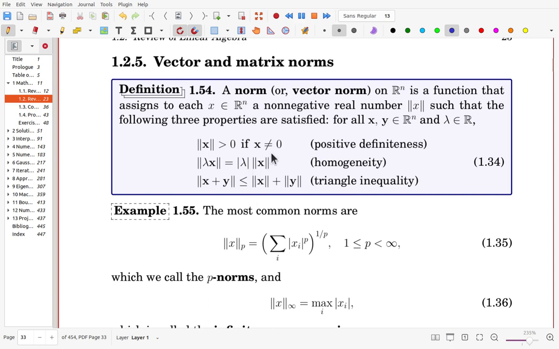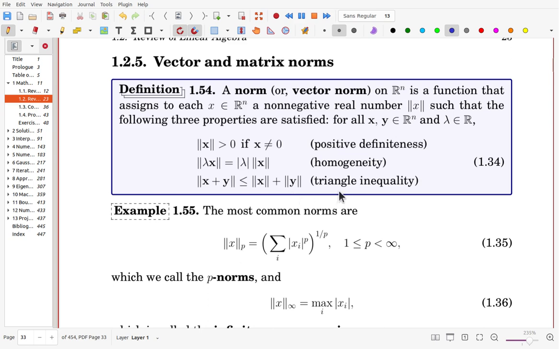For a non-zero vector, the function value must be positive. Once lambda is multiplied to the vector, lambda can go out of the function with the absolute sign. And also, the function value of x plus y is bounded by the function value of x plus the function value of y.